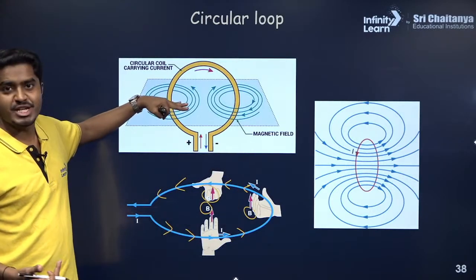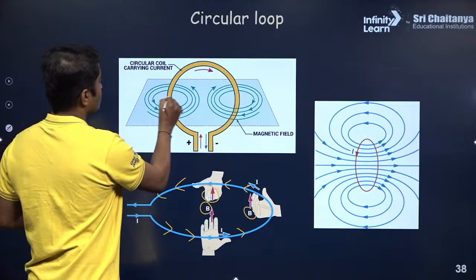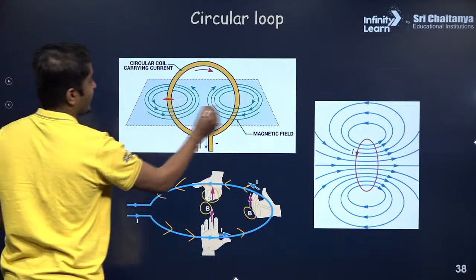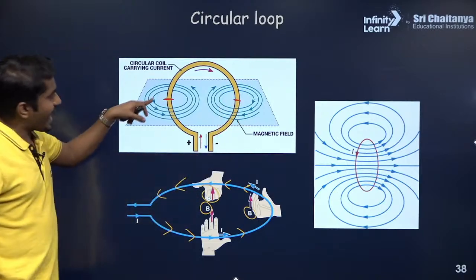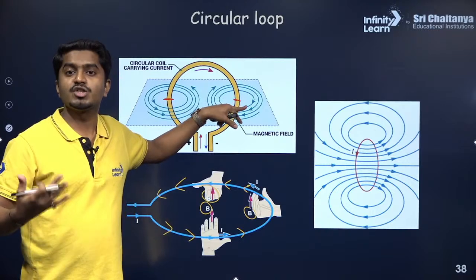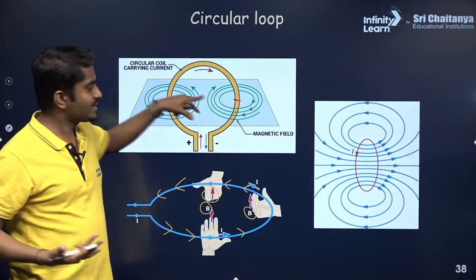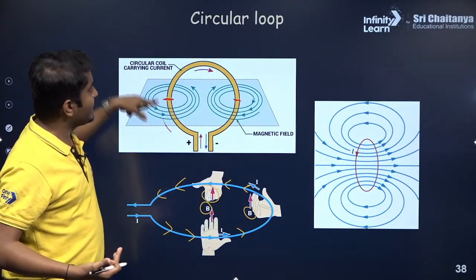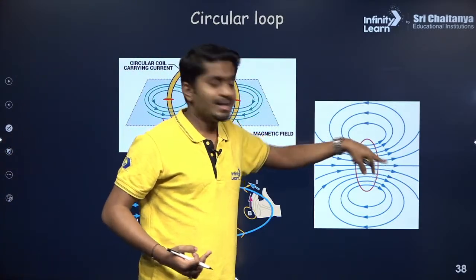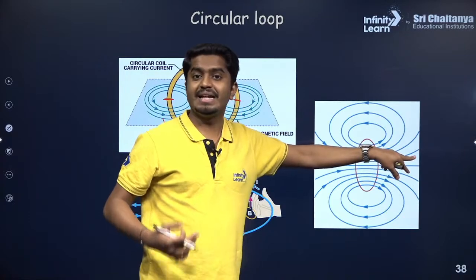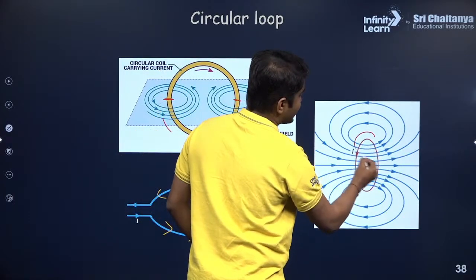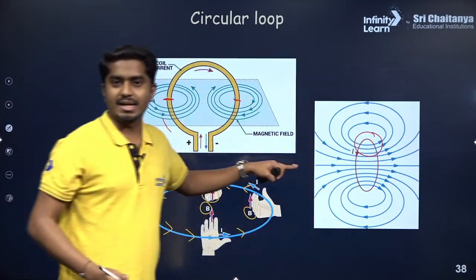If you take a cross section, let's just choose two different points. Let's suppose there is a point A and there is point B. At different points, these magnetic field lines look like concentric circles. But because of the complete circular loop, now the magnetic field lines look something like this. They are very dense near the conductor.